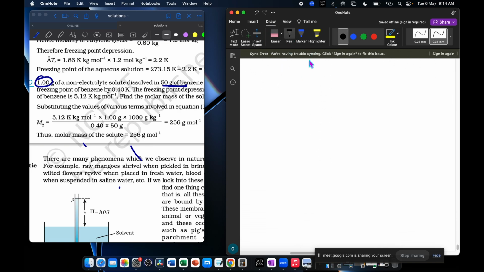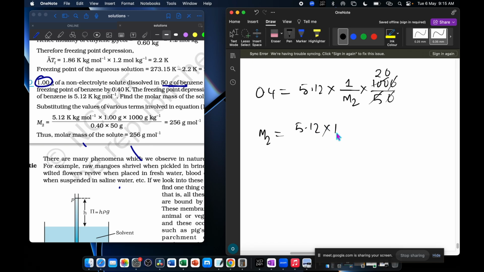So here, delta T_F is 0.4, K_F is 5.12 into W2 which is 1 gram, the molar mass you have to find, into 1000 divided by the benzene weight, which is 50 grams. Just solve this. 50, the zeros cancel, 5 goes 20 times. So M2 equals 5.12 times 1 times 20 by 0.4.